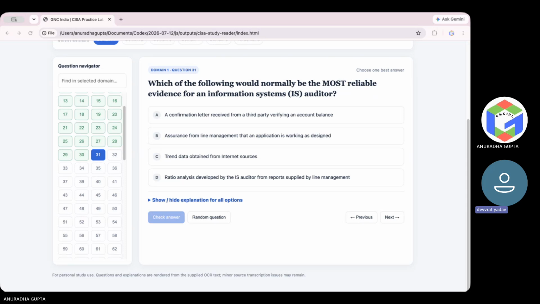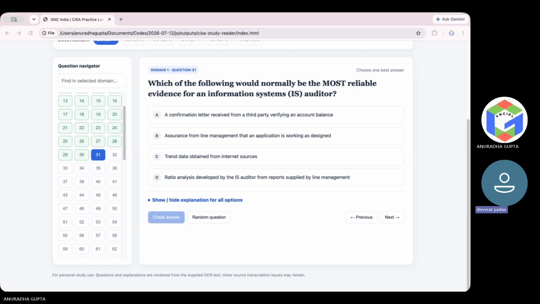Which of the following would normally be the most reliable evidence for the information security auditor? Variation is settled by the reports supplied by the line manager.